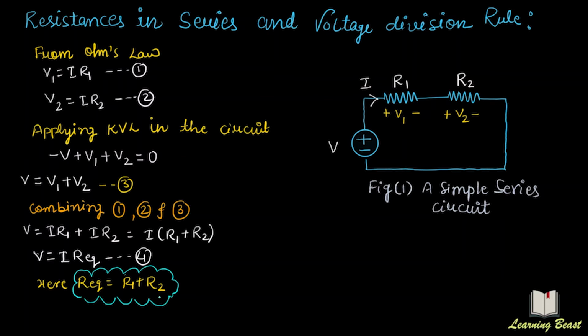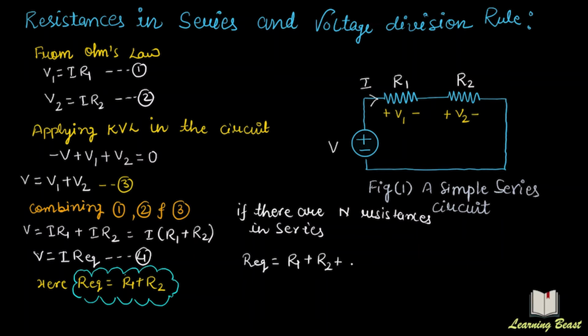If we generalize this equation, if there are n resistances in series, then R equivalent is equal to R1 plus R2 plus till nth resistance, where this Rn is the resistance of nth element.